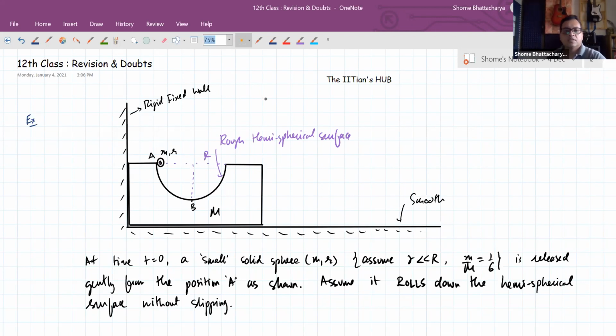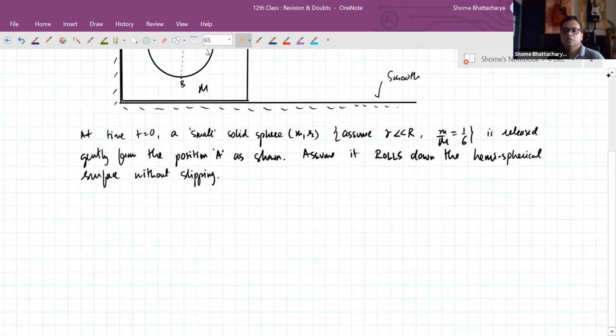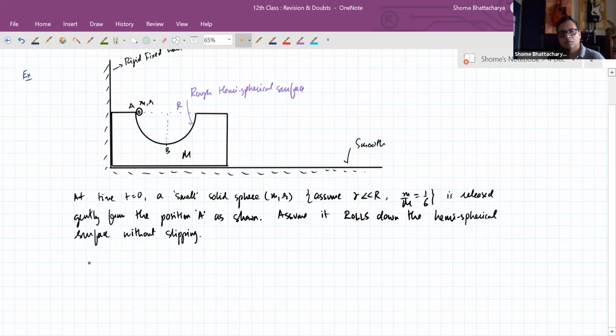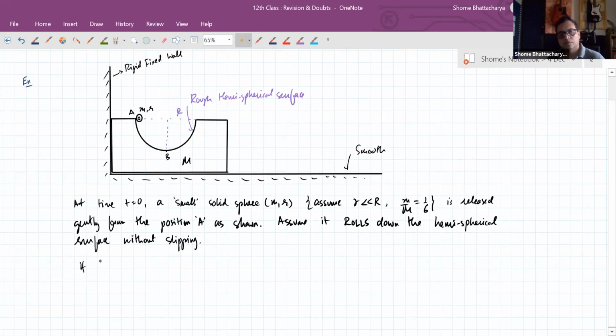Okay. So next thing what we have to do is we have to calculate a number of things here. So if capital M is 24 kgs, g is equal to 10 meters per second square, and R is equal to 20 centimeters.